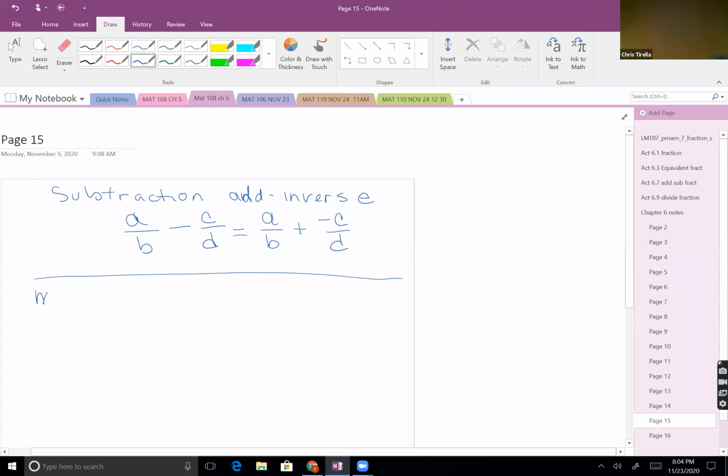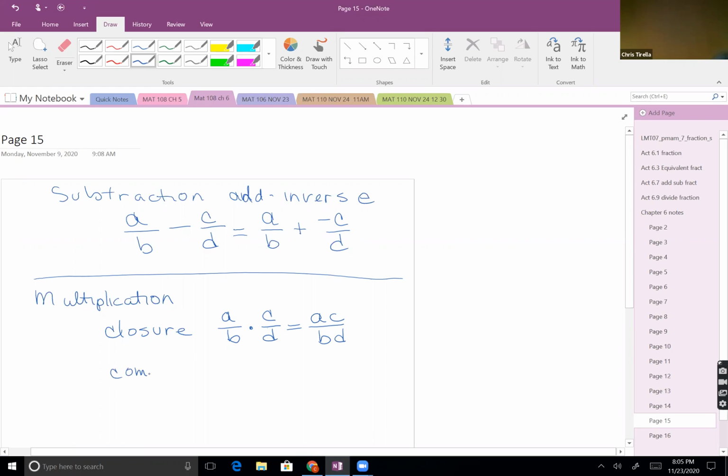Then we have properties for multiplication. Multiplication has the closure property. If I have two rational numbers, A over B times C over D, their product can also be expressed as the ratio of integers.